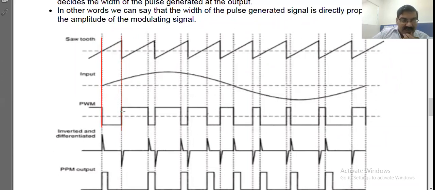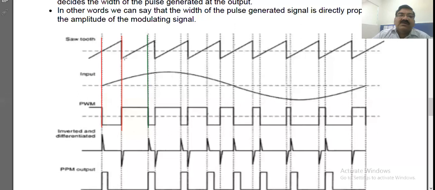Now you can see here, this is one, and I'll just draw another line here. It is not visible, so I'll use another color, green. So starting from here, now you compare starting from here at this instant.